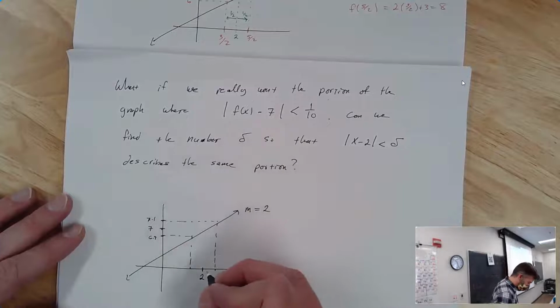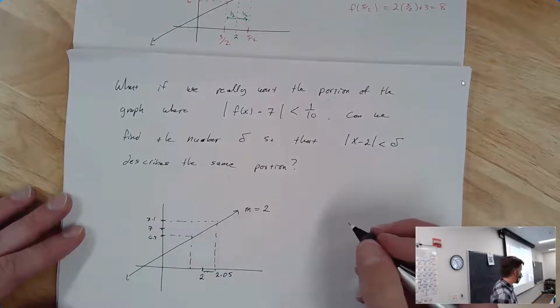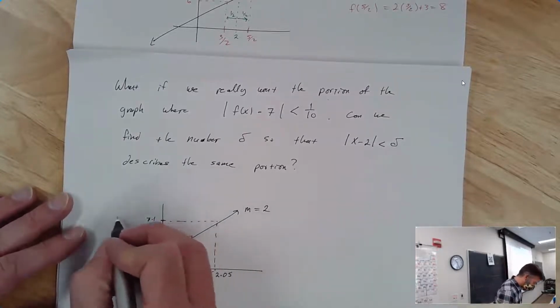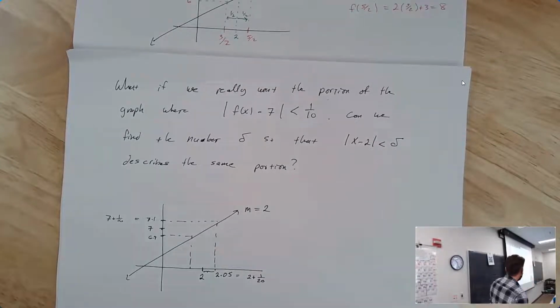Well, the x change needs to be half of that. It's going to be 2.05 or 2 1/20. Some people like to write this as 7 1/10. This is going to be 2 1/20. So a change of 1/20 in x is going to equate to a change of 1/10 in y.